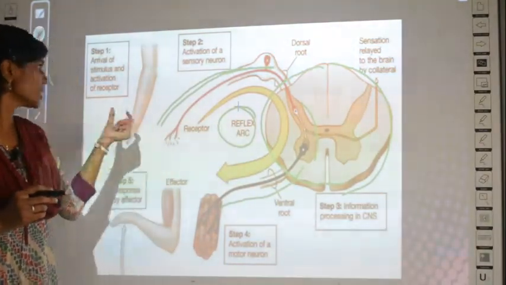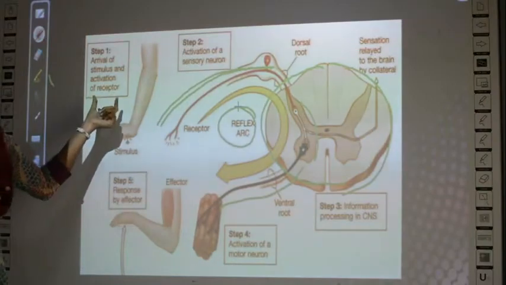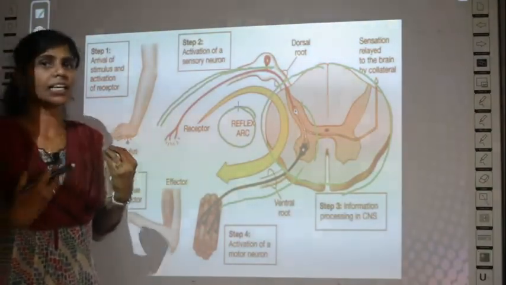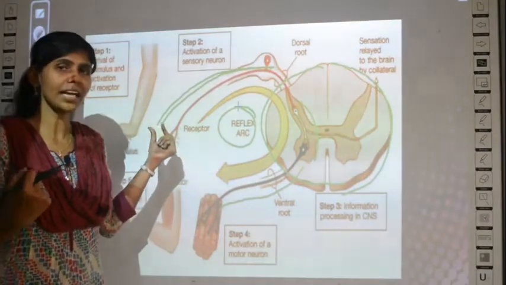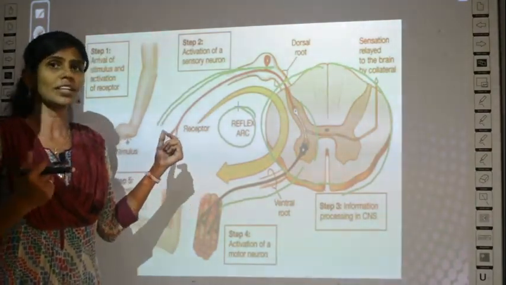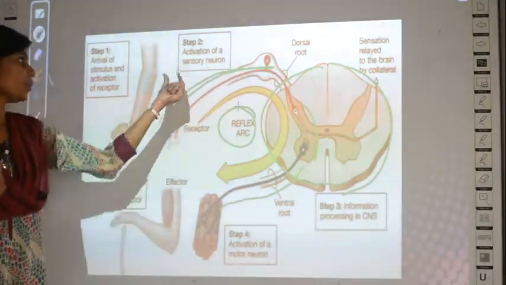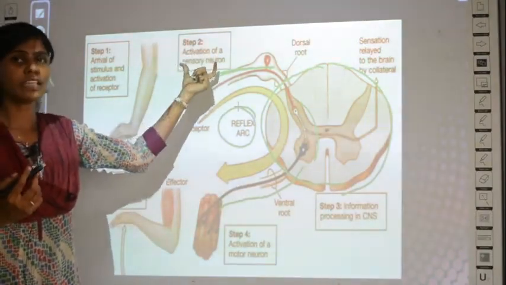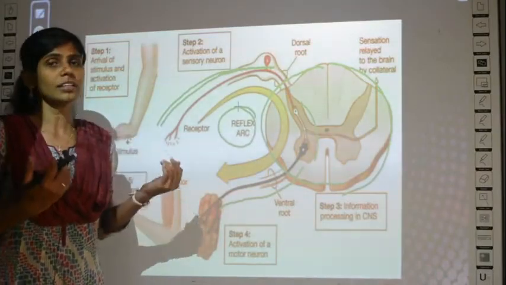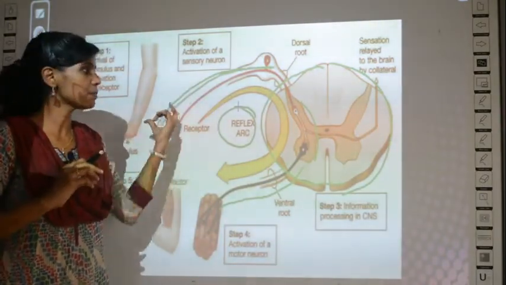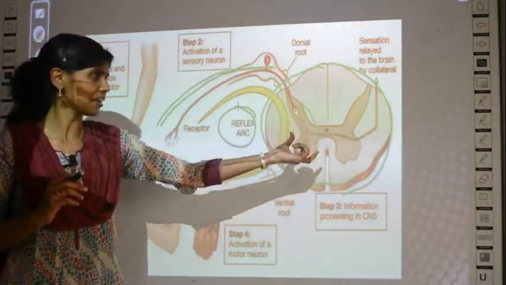The first step is the man receives the stimulus and the receptors are activated. Which is the receptor? You have pain receptors in the hand, and those receptors will trigger the sensory neuron. Step 2 is activation of the sensory neuron. The sensory neurons will pass on the messages from the pain receptors to the spinal cord or the brain.